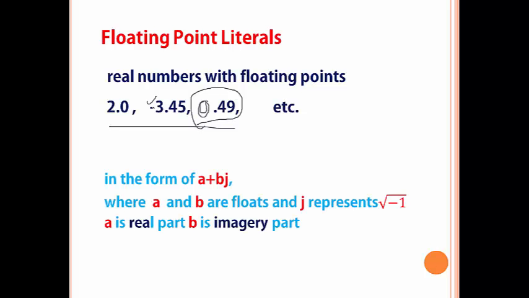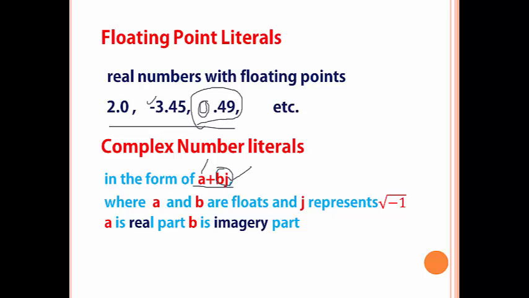Now next comes your complex number. So complex numbers are in the form of a plus bj. Where a is the real part and b is the imaginary part, because j is represented by square root of minus 1. So this will become an imaginary number.